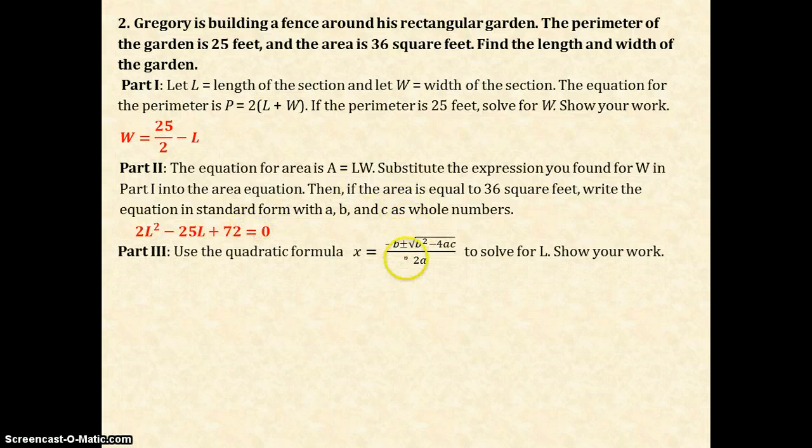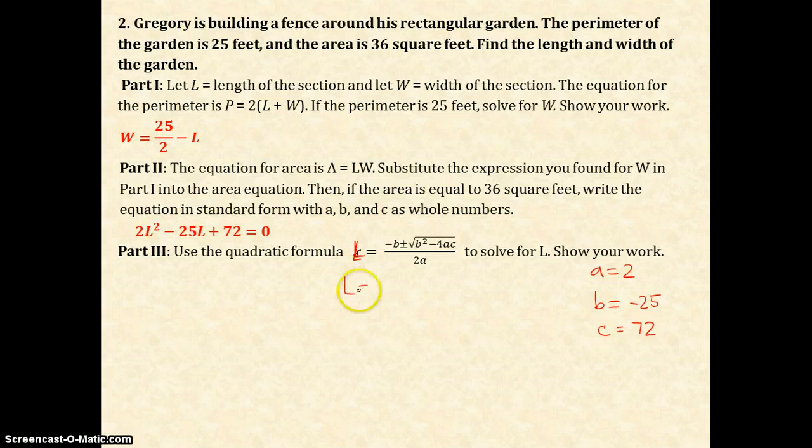So this is our standard form. Now we're going to use the quadratic formula to solve for L. L is taking the place of x. So we know that A equals 2, B equals negative 25, and C equals 72.